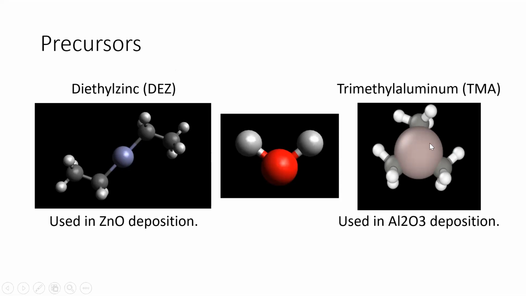On the right here, we have trimethyl aluminum, or TMA, an aluminum atom that's centered between three methyl ligands. This is the metal precursor for alumina deposition. In the center, we have a water molecule, and this is the second type of precursor for both deposition processes.